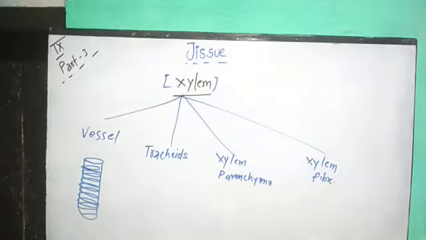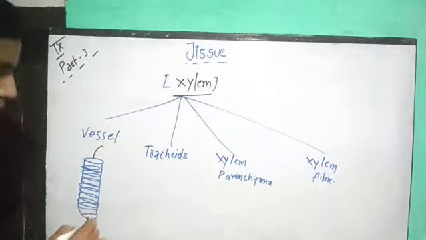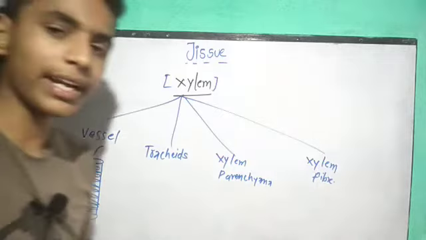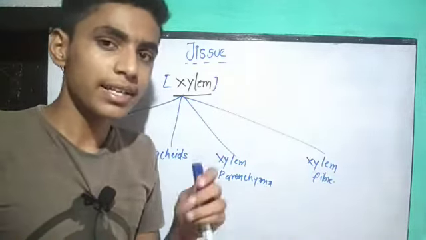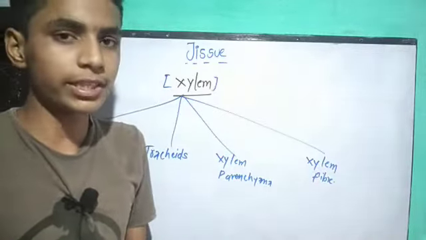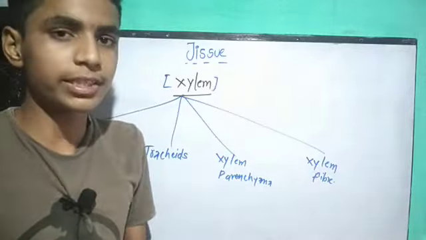Here we can see that the nature of the vessel is actually tubular, or tube-like structure. Both the ends of the vessel are open. Hence they are like a tube, and they help certain substances to come in and go out.